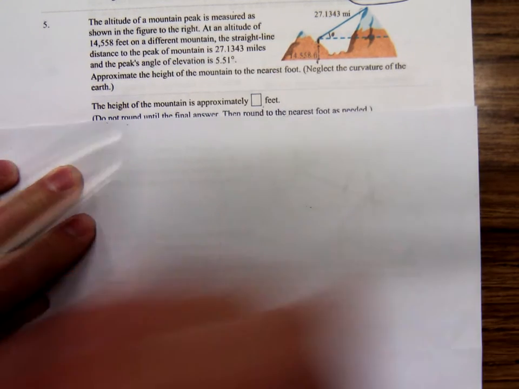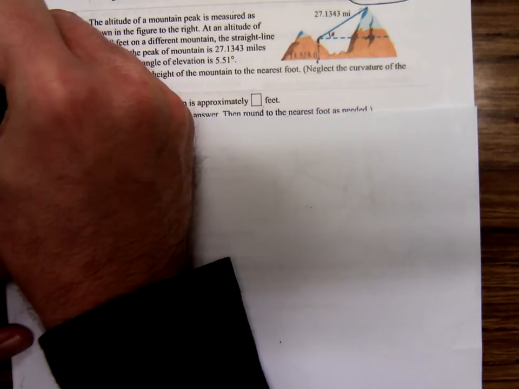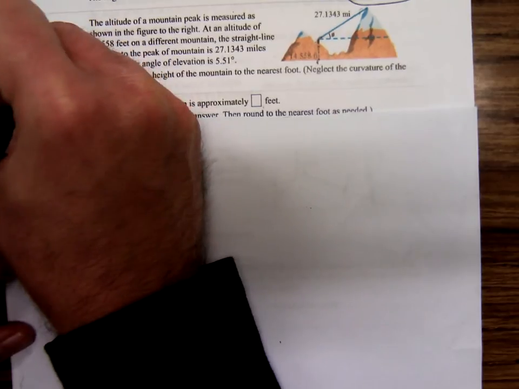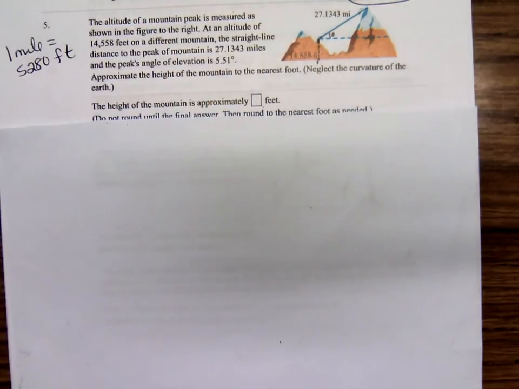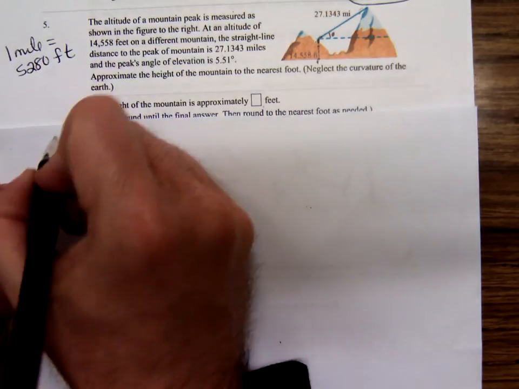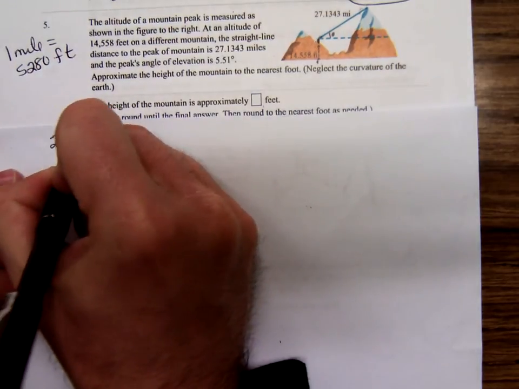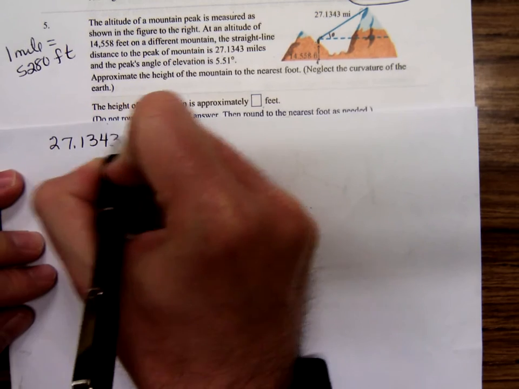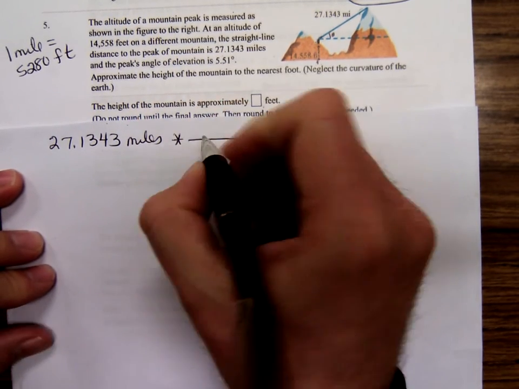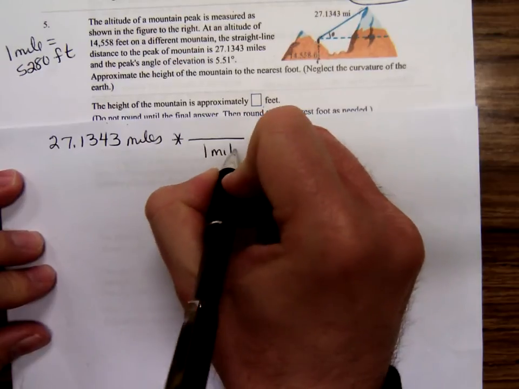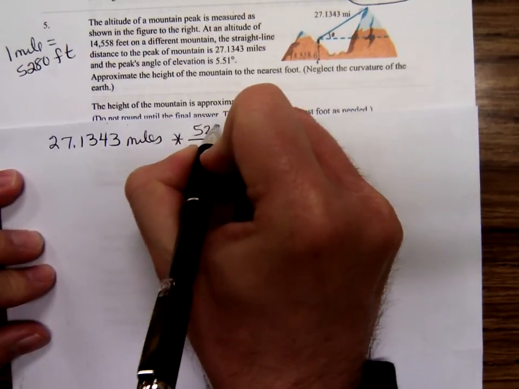So we're going to need to convert these miles to feet. So 1 mile is 5,280 feet. How many of y'all knew that approximation? So the 27.1343 miles, I'm going to multiply by 1. I'm going to write 1 mile, 5,280 feet.